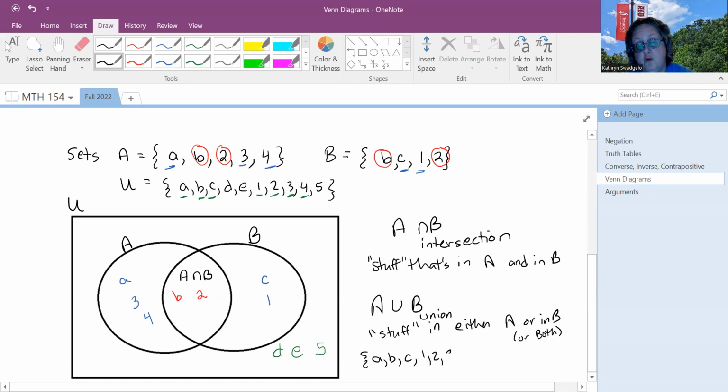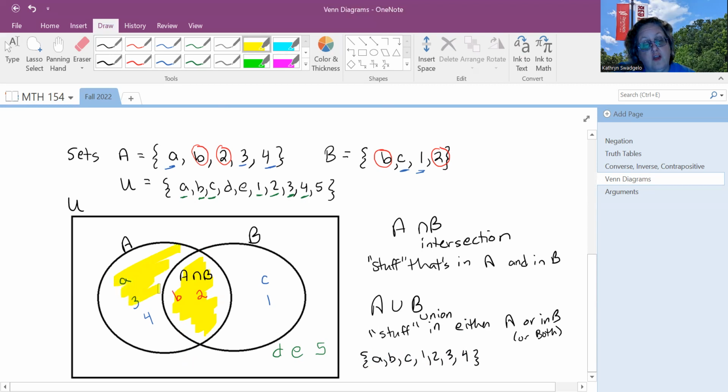1, 2, 3, 4. So everything in this list is either in A or in B or in both. So that is called the union. If I wanted to color these in, I could color this middle part in. That's coloring the intersection.